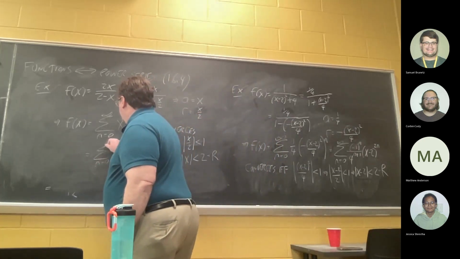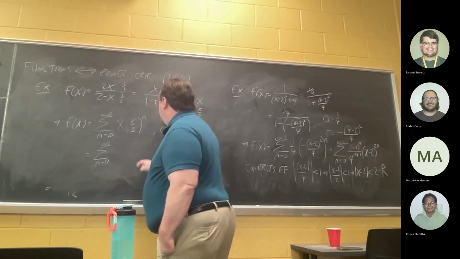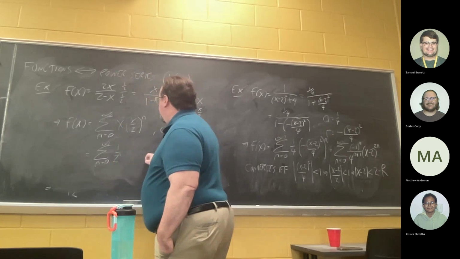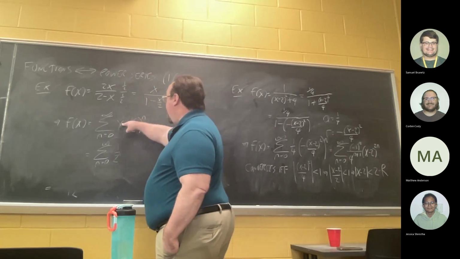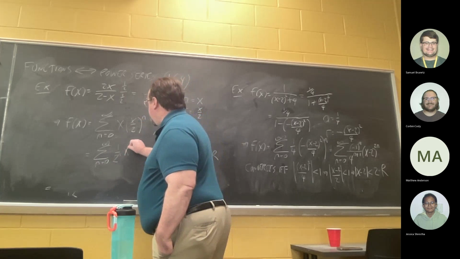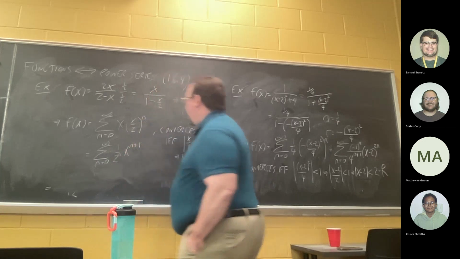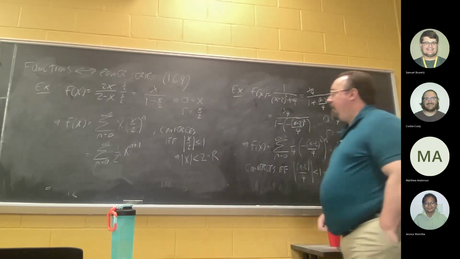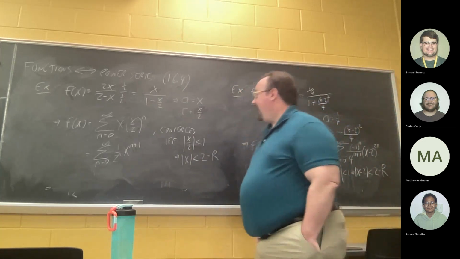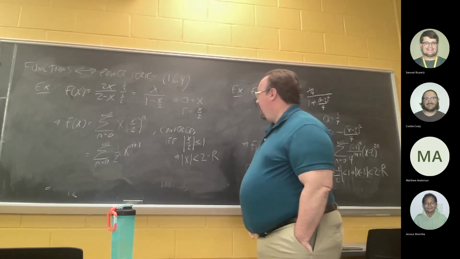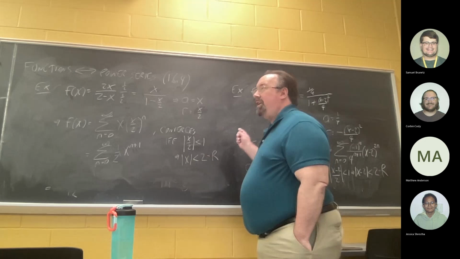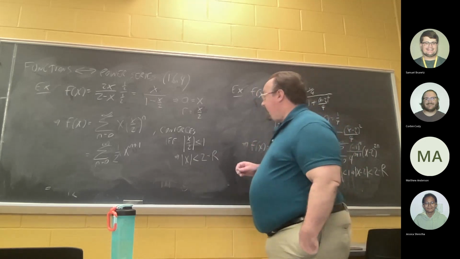What I have here is 1 over 2 to the n, and then I have x to the n and a number x, so that's x to the n plus 1. I bet that's if and only if, correct? It is if and only if, yeah. And because it's geometric, if absolute value of x over 2 were equal to 1, it diverges.